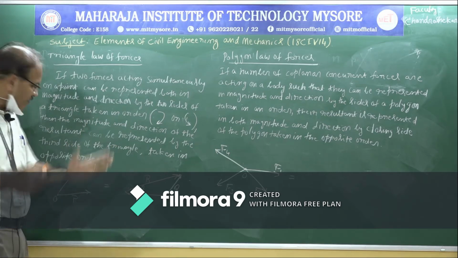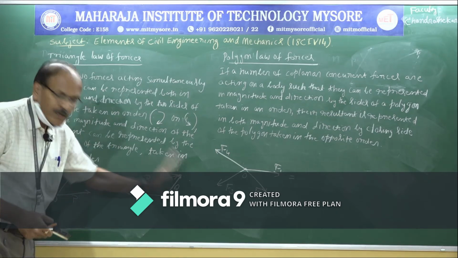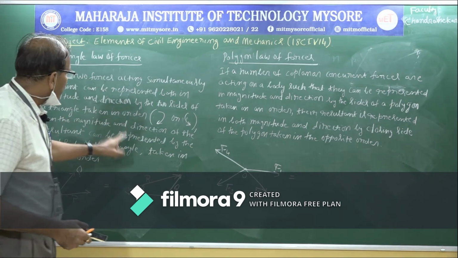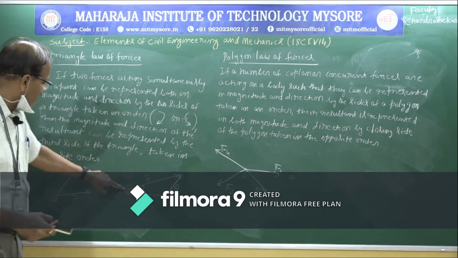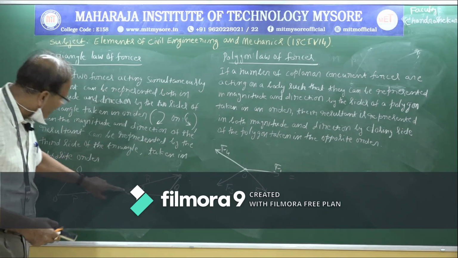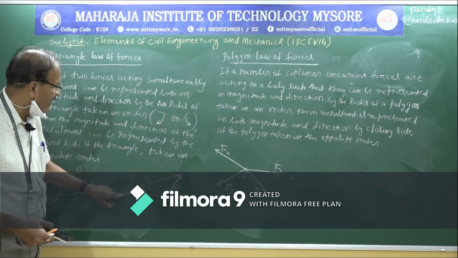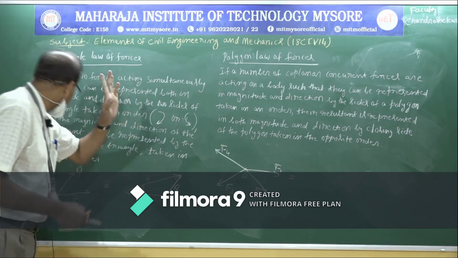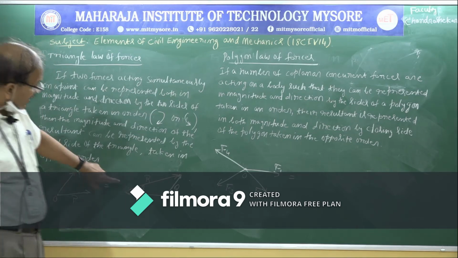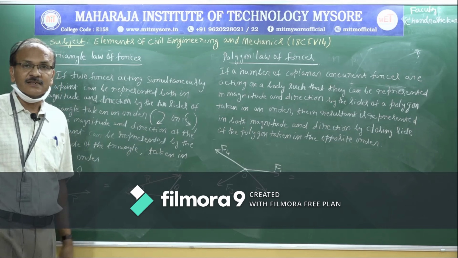That is nothing but take this force, draw parallel. Then the magnitude and direction of the resultant can be represented by the third side of the triangle taken in the opposite order. I hope this is clear, and this represents the resultant.